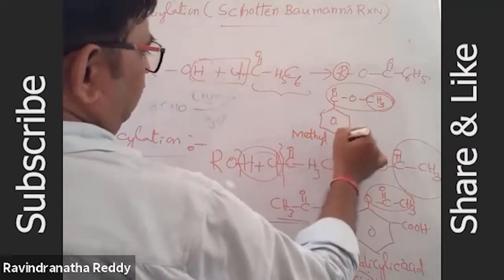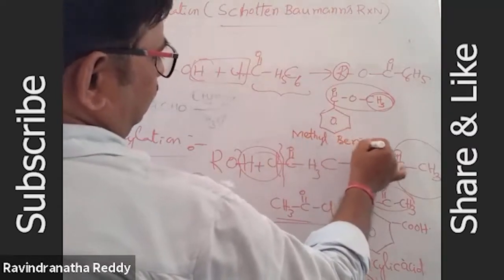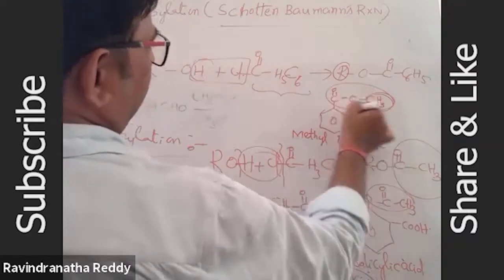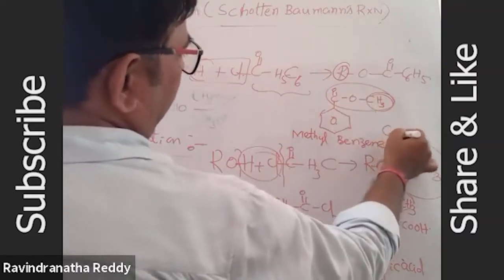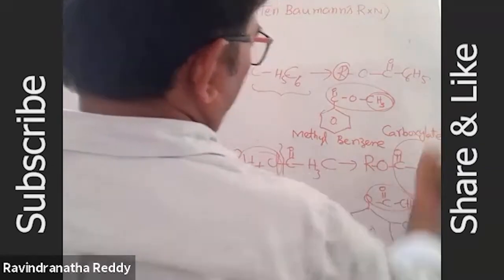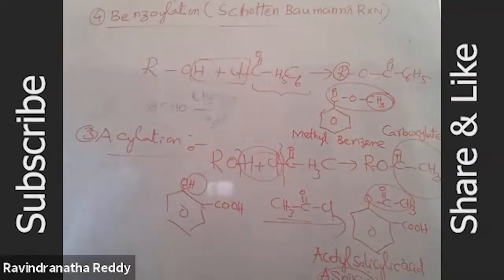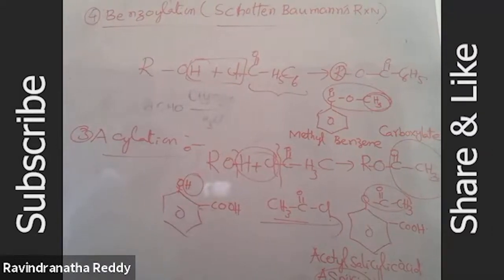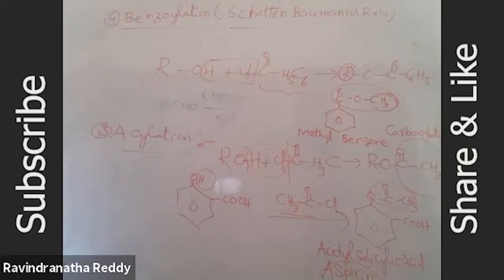This is benzene, and since it is not counted in the longest carbon chain, this is carboxylate. Generally, the IUPAC name of esters is alkyl alkanoate. Getting this point? Clear?